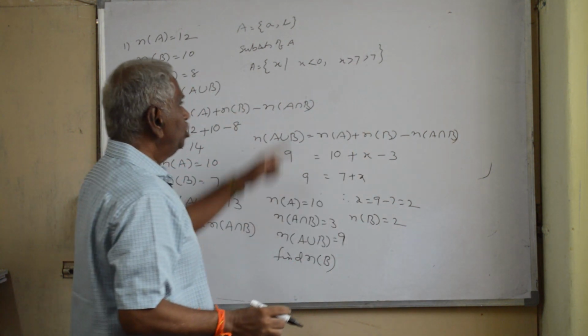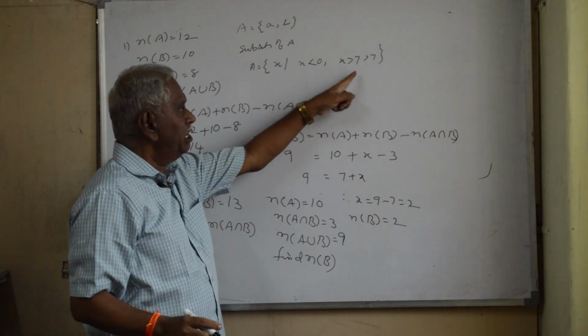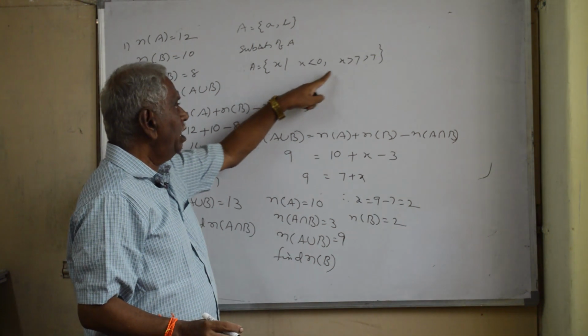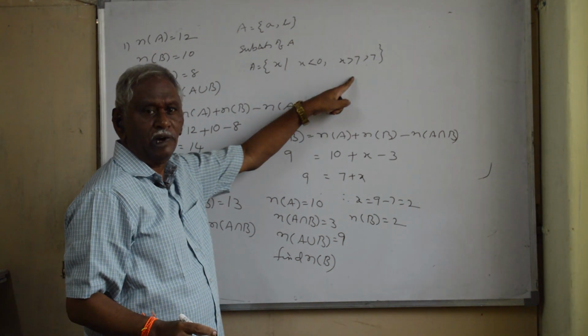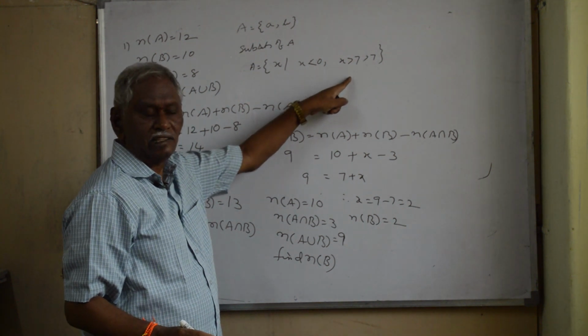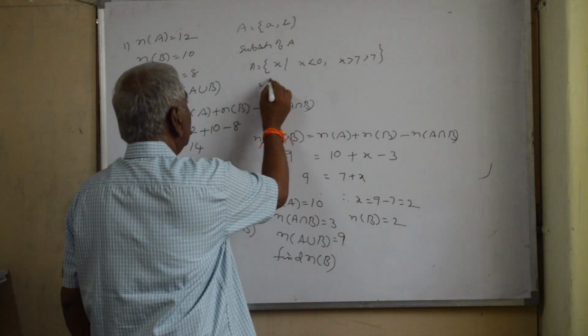So a number which is less than 0 and greater than 7. Is it possible to have a number less than 0 and greater than 7? No number is less than 0 and greater than 7. So there is no such number.